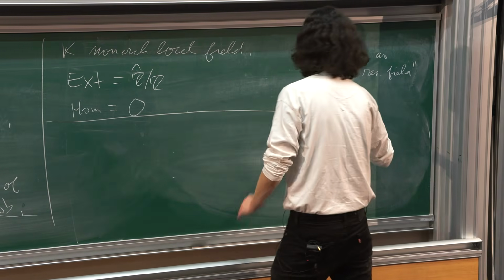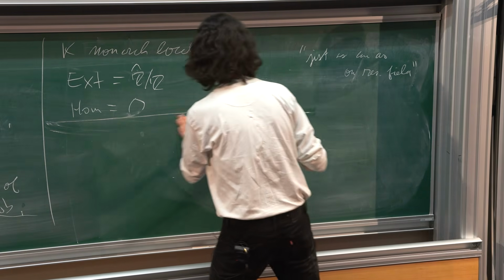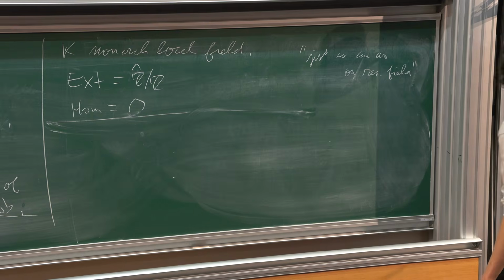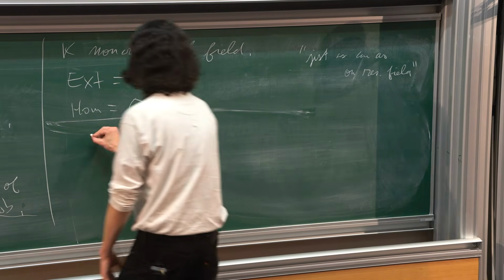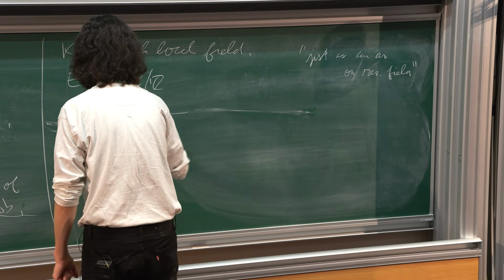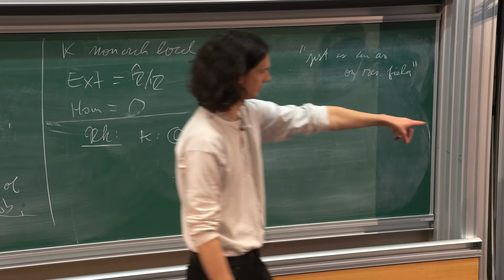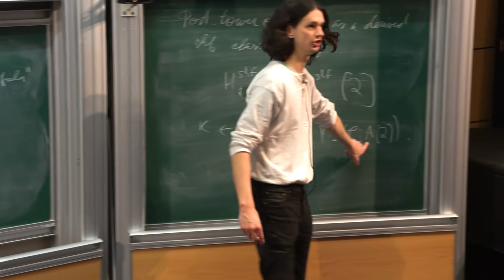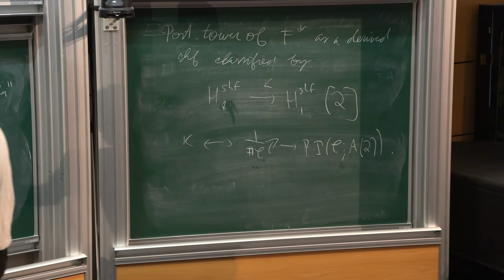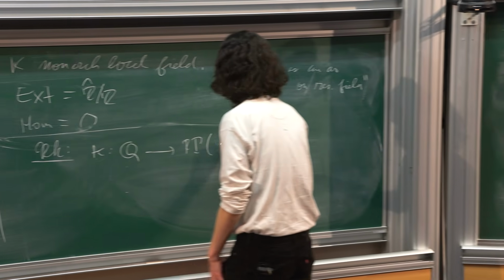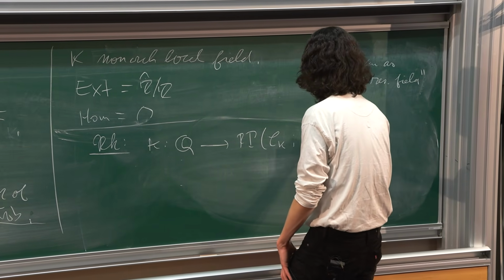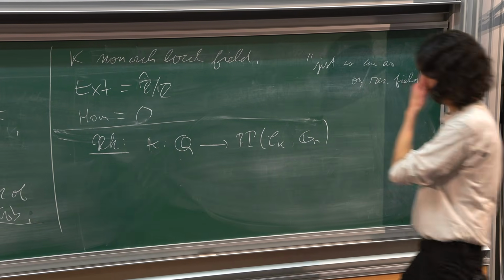Okay, sorry, I want to mention one more thing in this context, which is that there's another way of reinterpreting this data here. In this case of local fields, our class formation was given by G_m. So in this case, kappa is a map from this Galois group with coefficients in G_m.